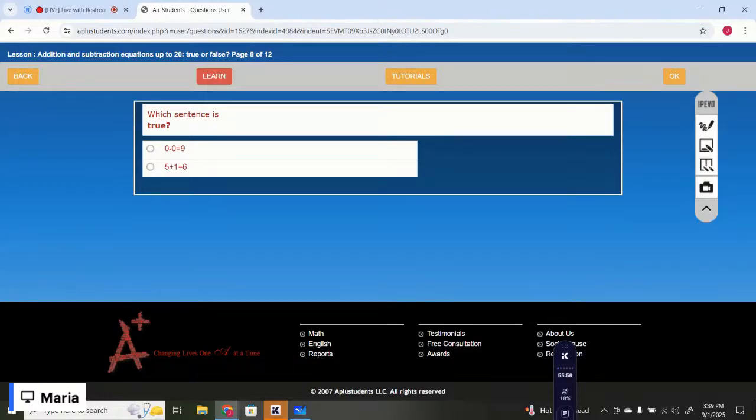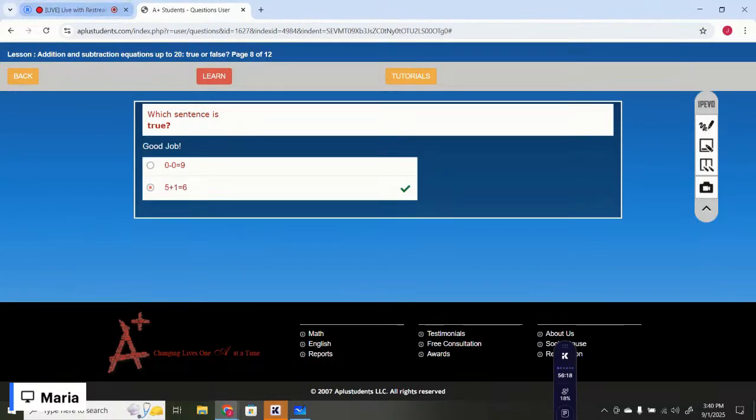Which sentence is true? That is 5 plus 1 equals 6. Option number 2 is the correct option.